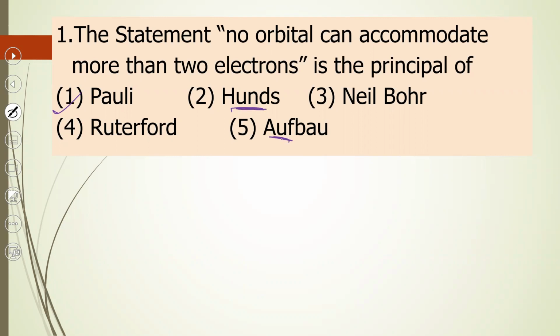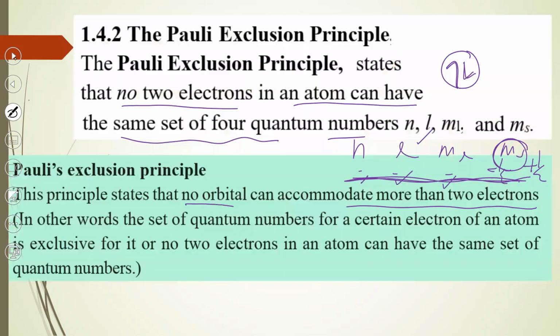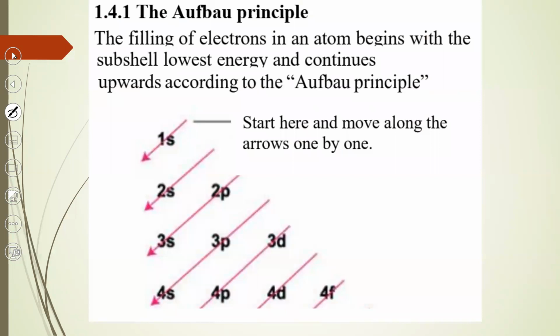First answer. Let's think about Hund's rule as well, and the Aufbau principle. Let's try to consider now. Yes, you really have to remember this. The Aufbau principle is some kind of building of electrons, isn't it? The filling of electrons in an atom begins with the subshell of lowest energy, right? 1s, then it will go to 2s, then 2p, 3s.